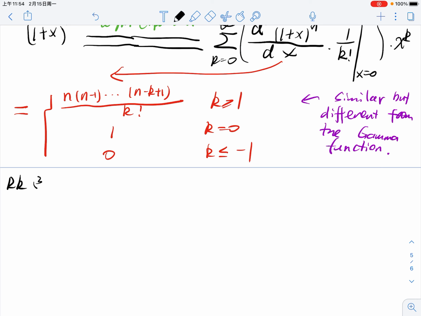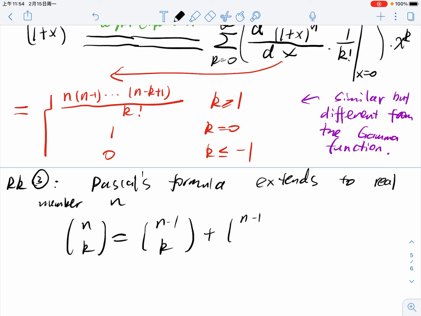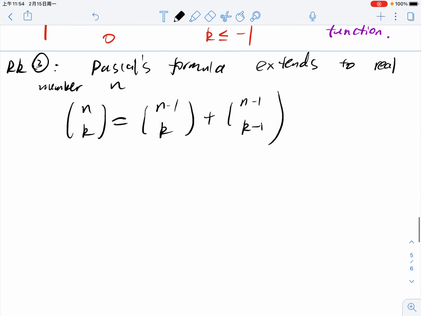Okay, and if you look back at all the properties we have, you will see actually Pascal's formula can be extended to real number n: n choose k equals n minus 1 choose k plus n minus 1 choose k minus 1.